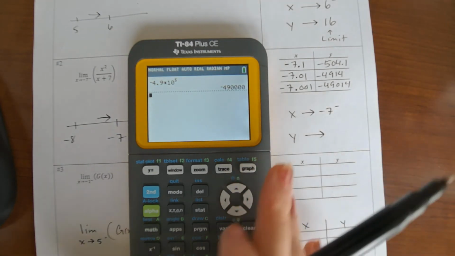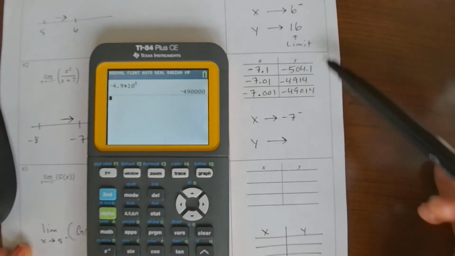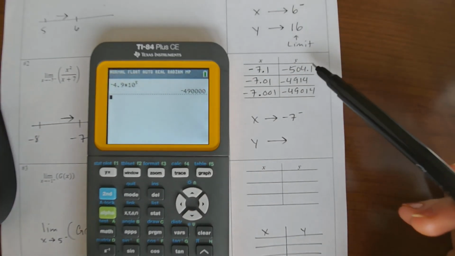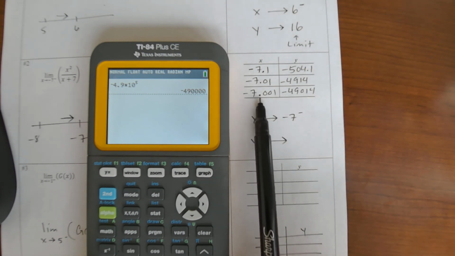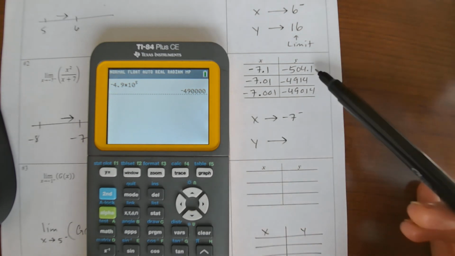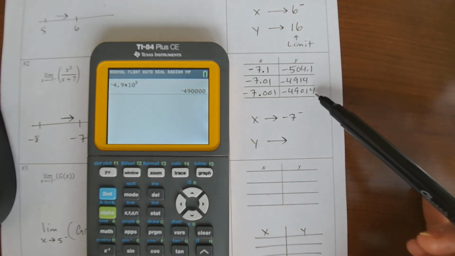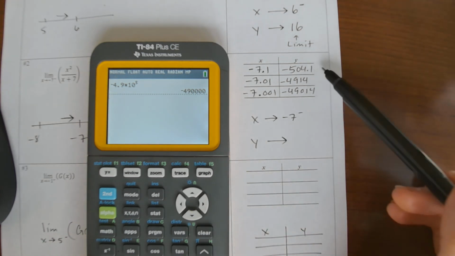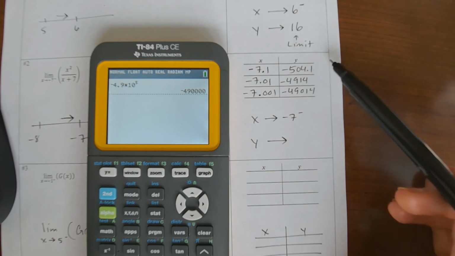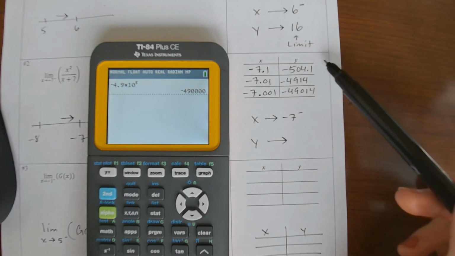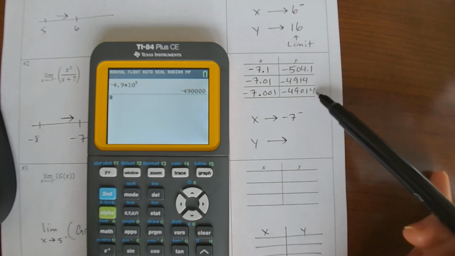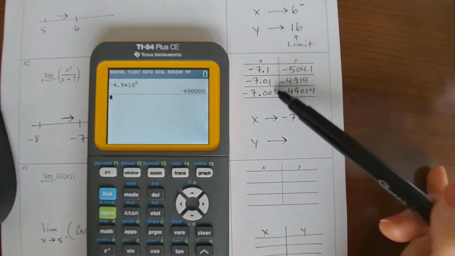So what you see here, guys, is that for every little small change in x, we're getting a huge change in y. These numbers are getting more negative, bigger in a negative direction.